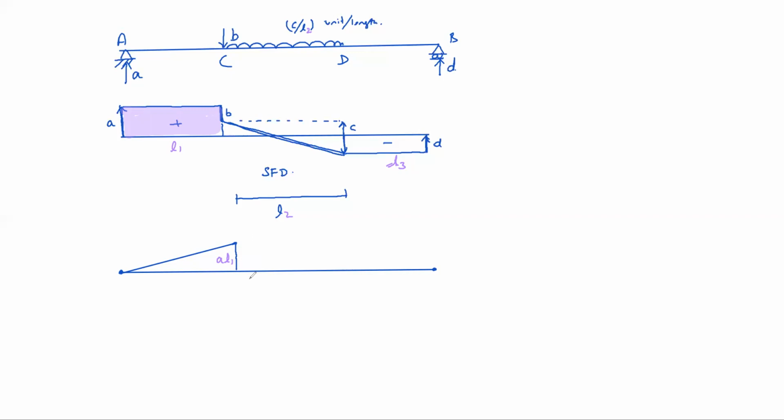That means the slope should drop here, and the slope should become 0 here, like this. So this is a second degree curve, and from there onwards the slope must be constant, because in the DB portion the shear force is constant. So here you are getting the maximum bending moment.